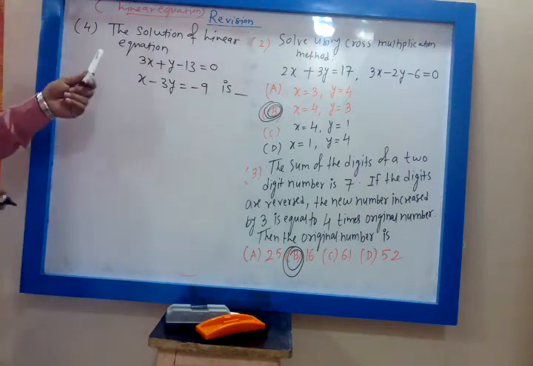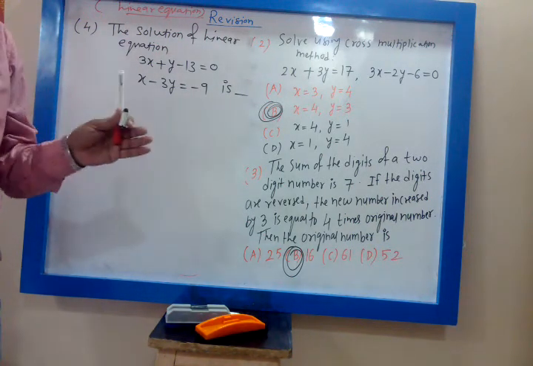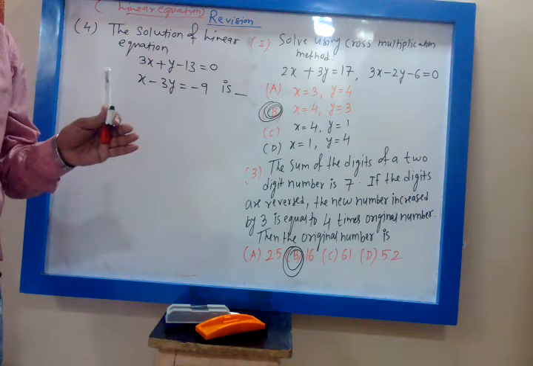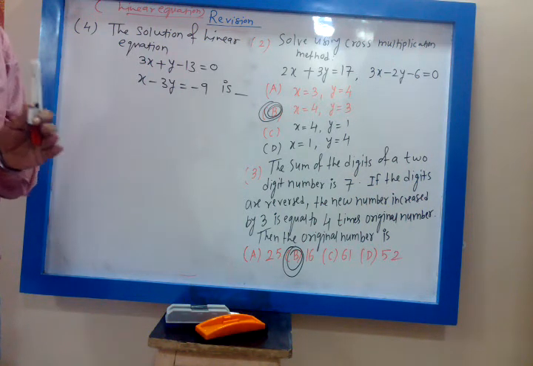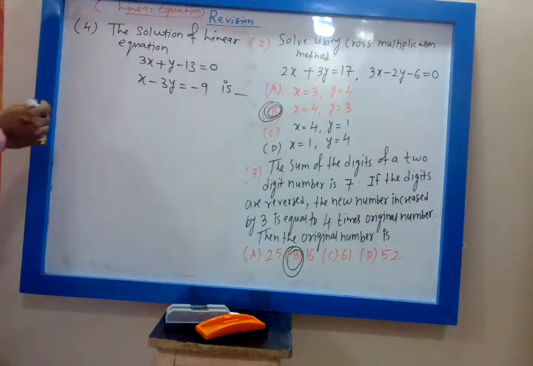Now see, this only asks what the solution is, so you are free to use any method: elimination by substitution method, elimination by equating coefficient method, and cross multiplication method. Any method you can use.